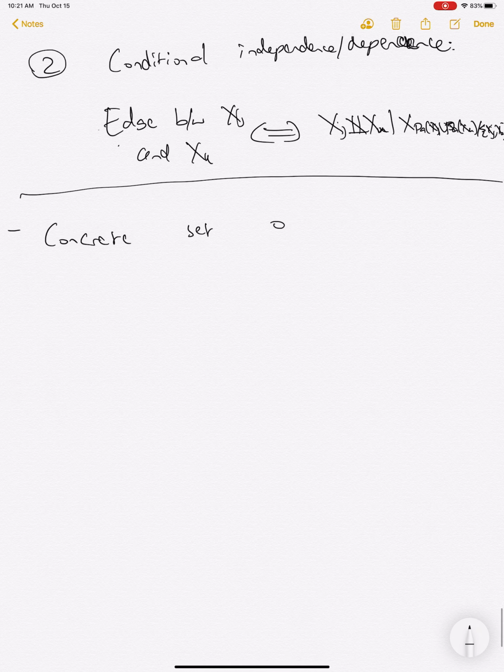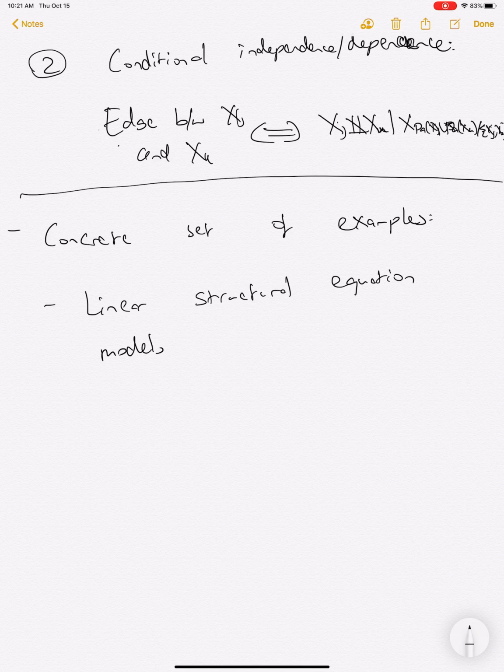Okay, so now let's take a concrete set of examples, and these are referred to as linear structural equation models. These are models that you can look up. They date back quite a while in sociology and psychology and various other fields.